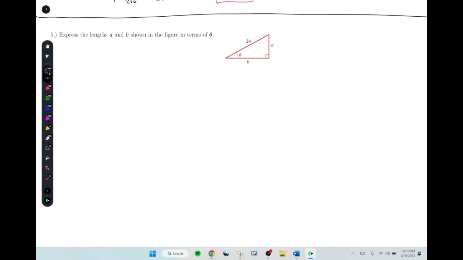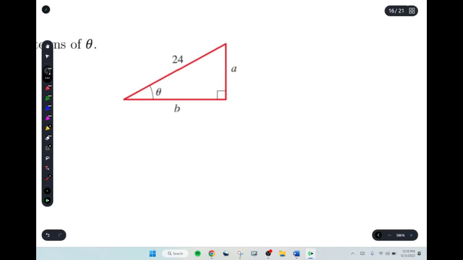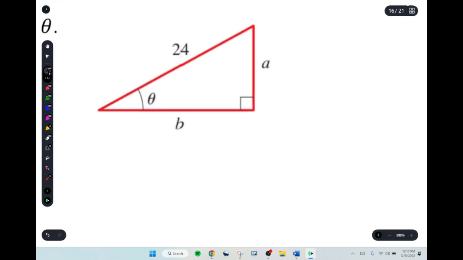Okay. Express A and B in terms of theta. Well, how do you know the length of anything? What are the only formulas we have for this?